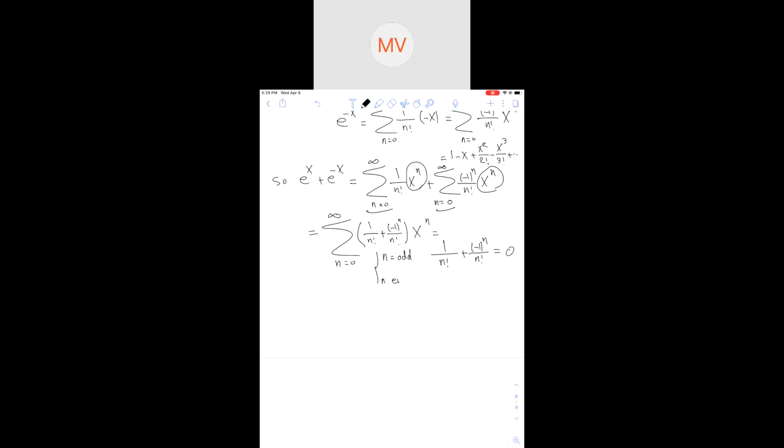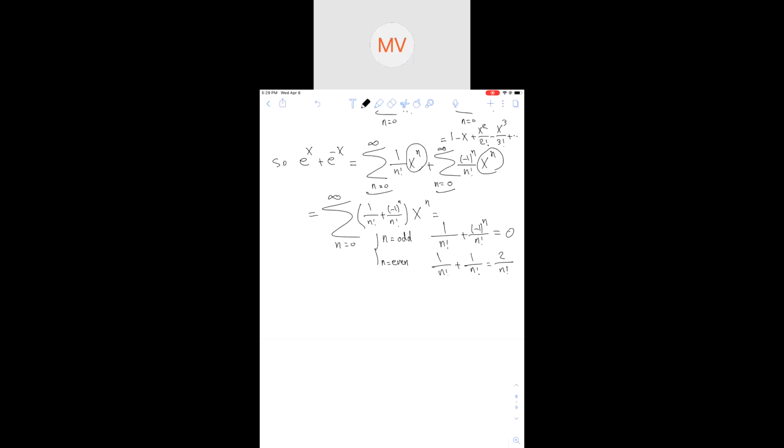And if n is even, you have 1 over n factorial plus, since it's even, of course, plus 1, so you have 2 over n factorial. Now, since that's even, I can go ahead and write n as 2k. In fact, n is 0, 2, 4, 6, 8, 10, and so on.